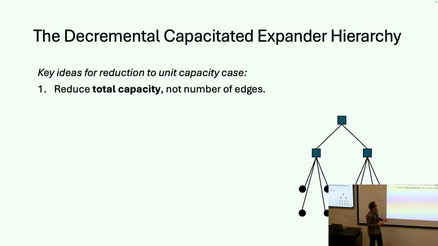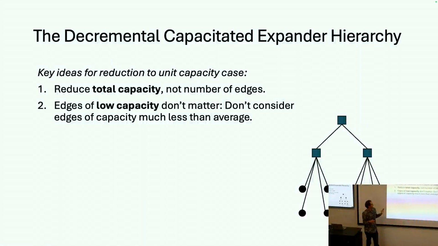So then we can do a couple of adjustments. We can say we want to reduce the total capacity, not the number of edges. We want to just ignore edges of low capacity. So if an edge has much less than average capacity, we're fine with promoting it, because we anyway only want to reduce the capacity between levels.